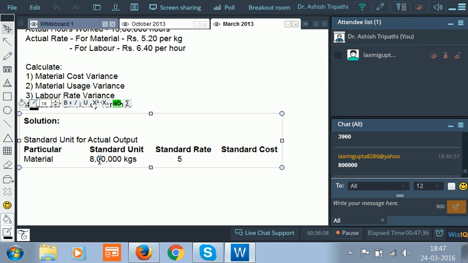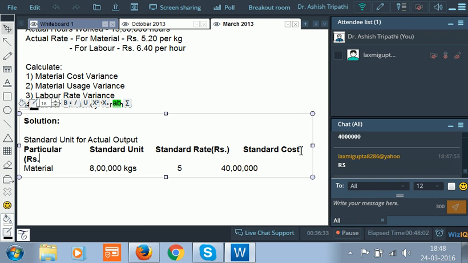So our standard cost will be 8 lakh into 5, which will give you 40 lakhs. Yes, so as you said, rupees we will mention on the top. Standard rate is in rupees and standard cost is also in rupees.